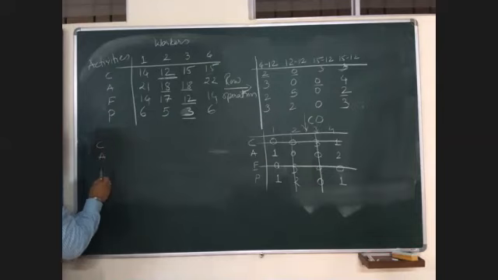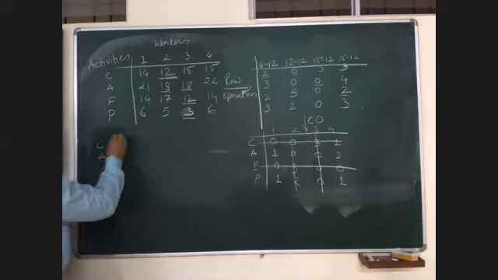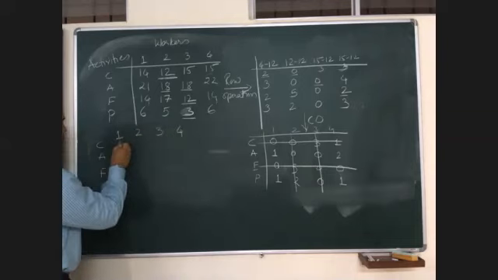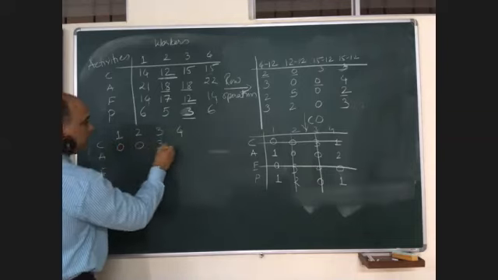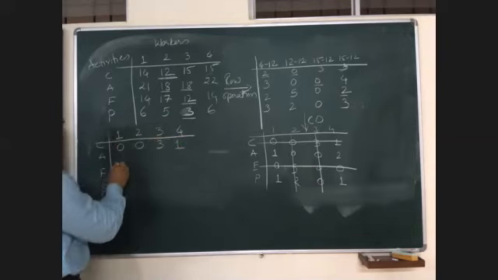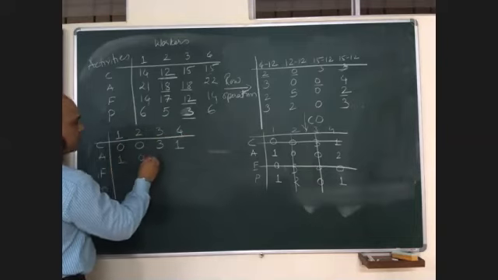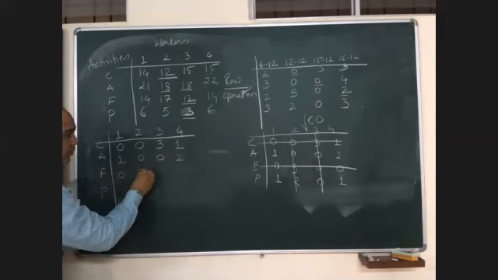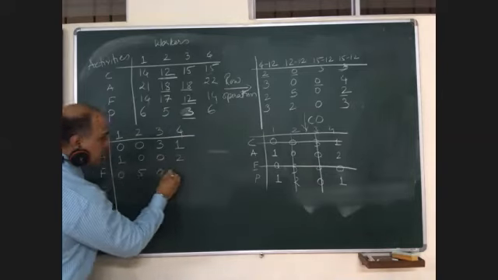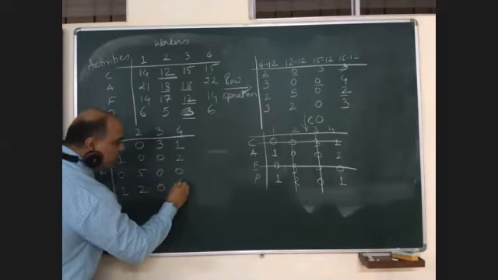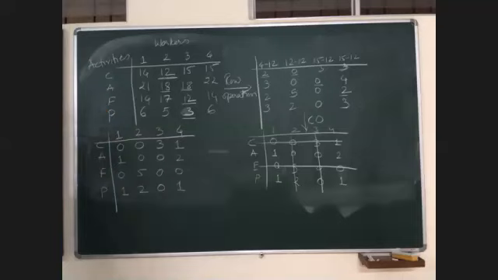C A F P, 1 2 3 4, 0 0 3 1, 1 0 0 2 0. This is 5 0 0 and 1 2 0 1. Now I said we have got the assignment.